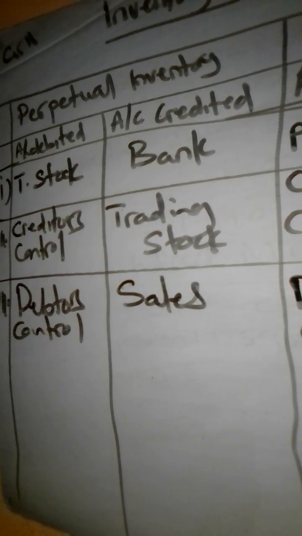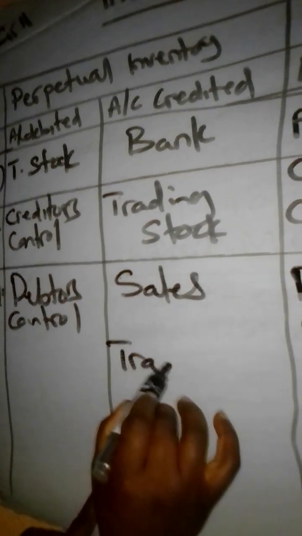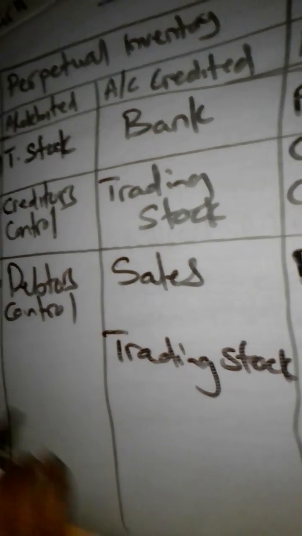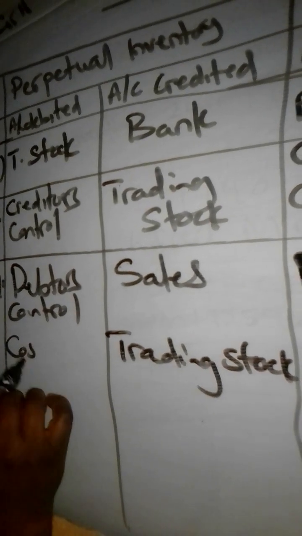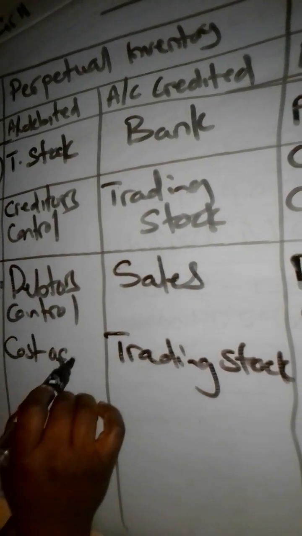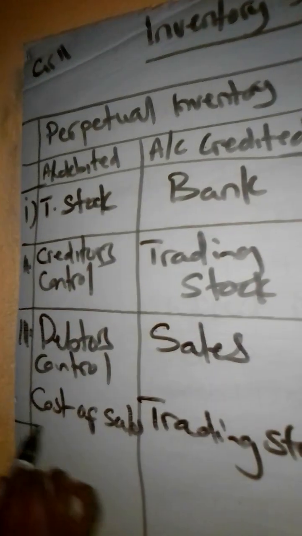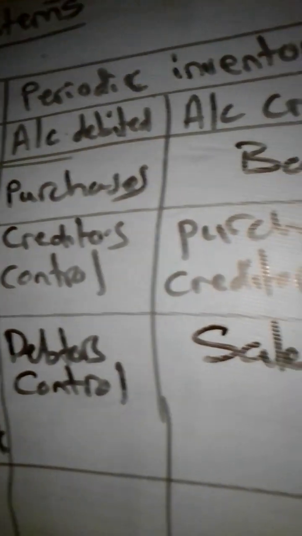So how do we decrease trading stock, or an asset? By crediting. So we are going to indicate trading stock on the credit side, and then the cost of sales are owner's equity, so we record them on the debit side. Okay, so this is how we record this transaction under the perpetual and periodic inventory systems.